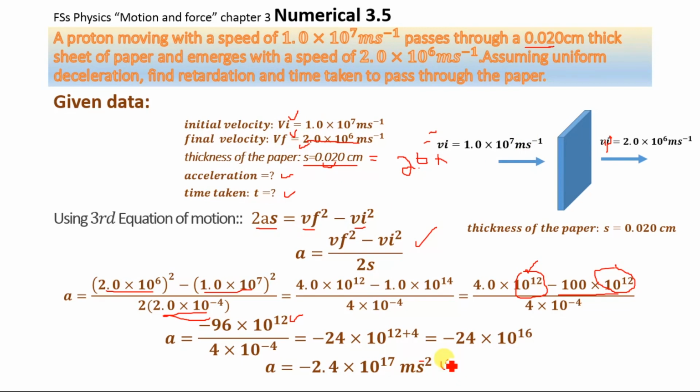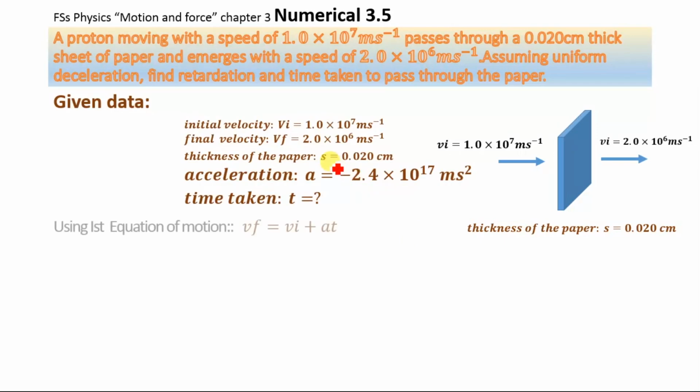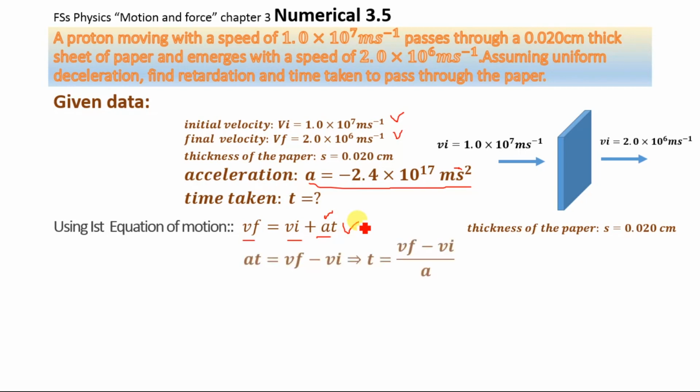Now for calculating the time taken by the proton to cover that small distance, we will use the first equation of motion. The first equation of motion is Vf equal to Vi plus at. We have calculated the value of acceleration as a equal to minus 2.4 times 10 power 17 meter per second square. Now substituting the values for the final velocity, initial velocity and acceleration, we can easily determine the value of time.